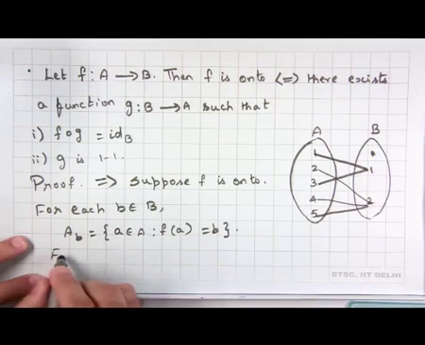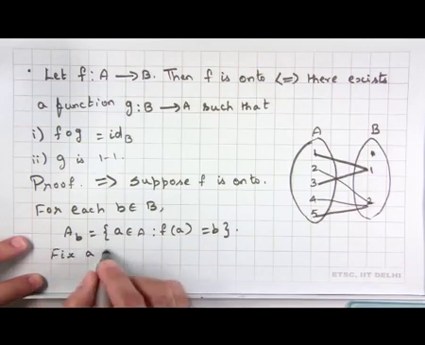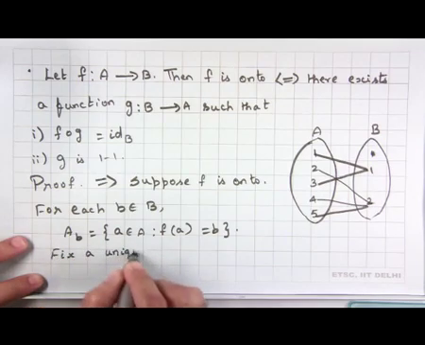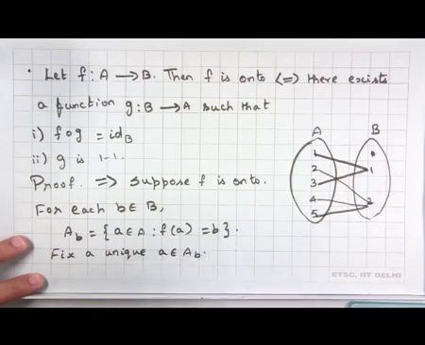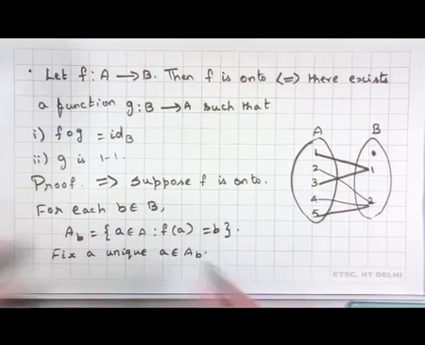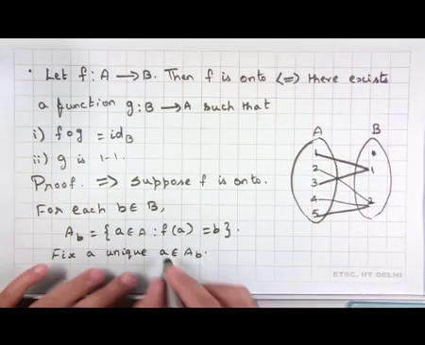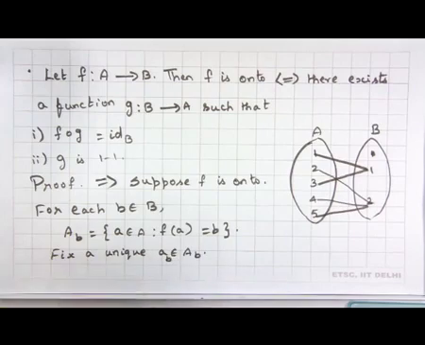So, fix a unique a in A_b. This a depends on the element b, so let me also write it as a_b, which says it is from the set A_b.